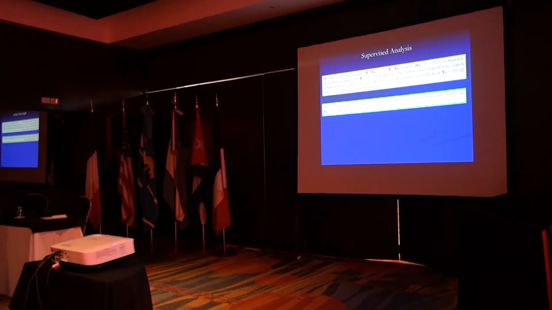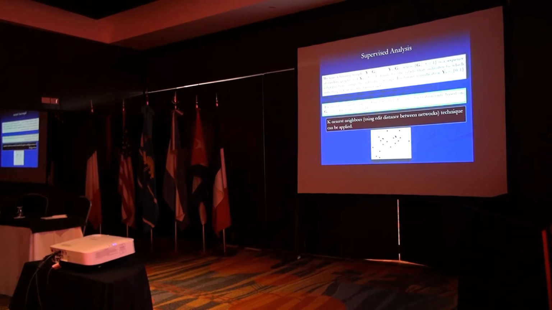This is the training sample, and the aim is, if I have a new network, a new subject, to put the label, healthy or not. So if you have a distance, for example, the nearest neighbor algorithm can be used.